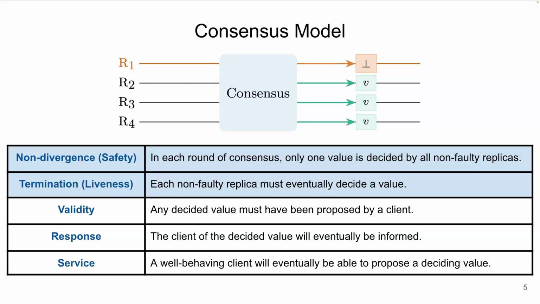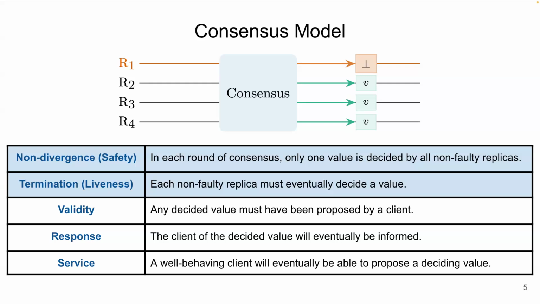There is validity. Again, some of these have been defined in different ways in different papers and texts. But one definition of validity is that a value that is decided upon is not arbitrary. There's an actual request by the client. So useful work is being done. There is the response, meaning that even if the consensus is safe, even if the consensus is live, even if the request on which we reach agreement is valid, as long as the client doesn't receive the response, the system is somewhat not so useful.